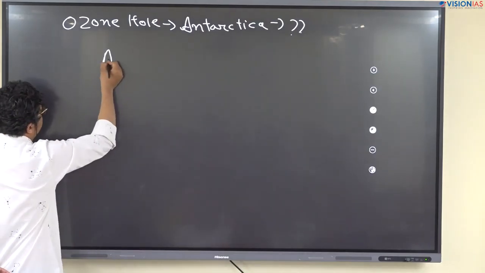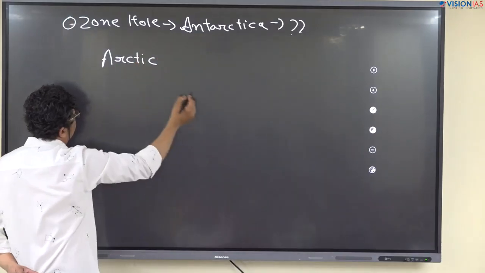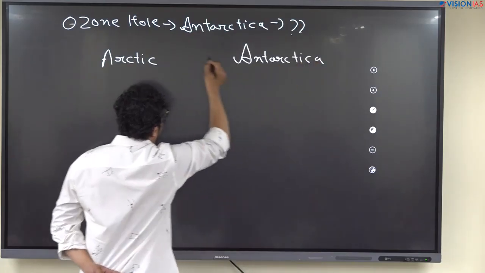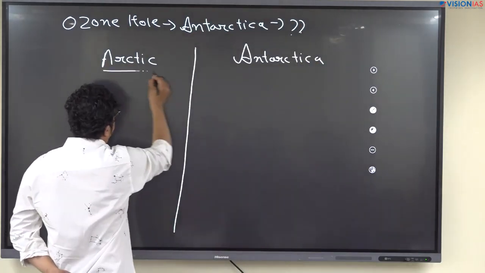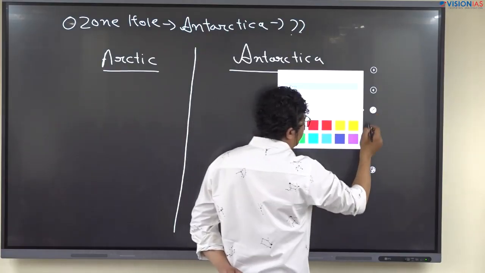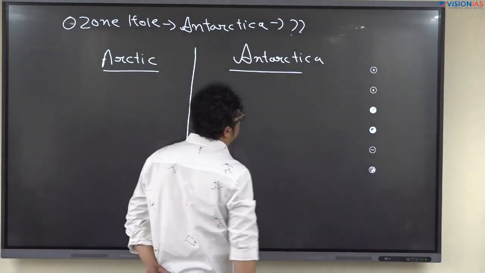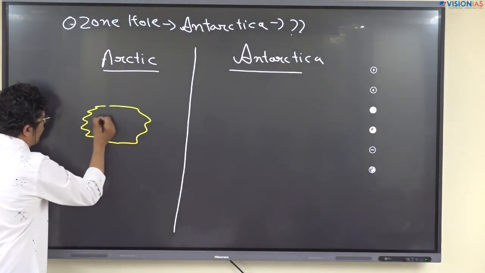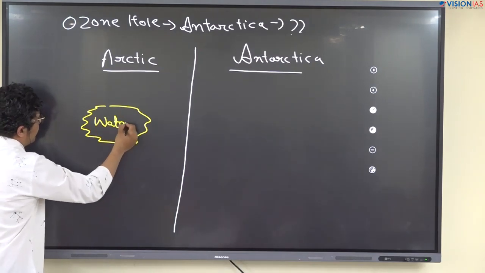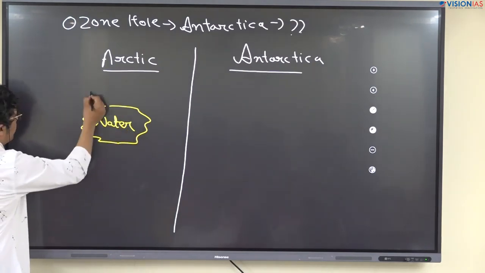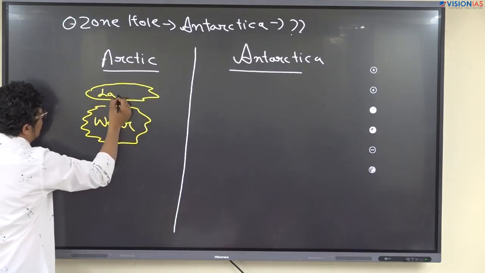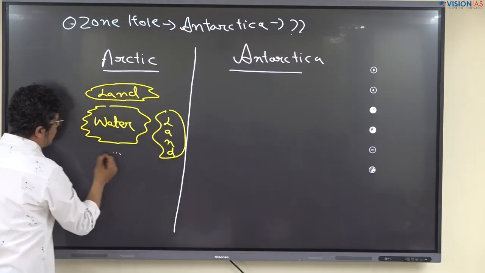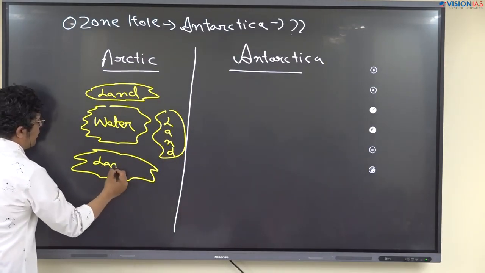So you compare two places. Two cold locations of the world, Arctic and Antarctica. Arctic is a water body surrounded by land, large continents, from different sides.